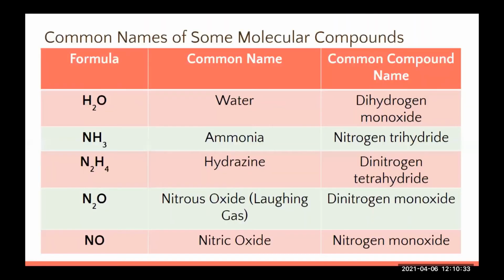So let's talk about common names for some of the molecular compounds you're going to see. There's a really famous story about 20 years ago. A shock jock on April Fool's Day woke up and thought he'd prank some people. And he said, "Warning, there is dihydrogen monoxide coming out of your faucet. Did you know that 100% of people who drink dihydrogen monoxide die?" And dihydrogen monoxide is actually water.